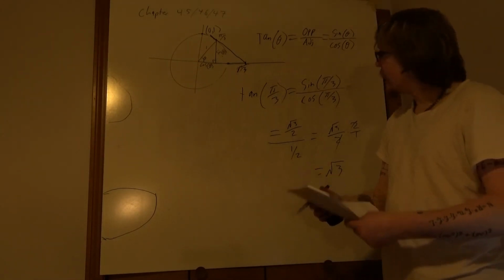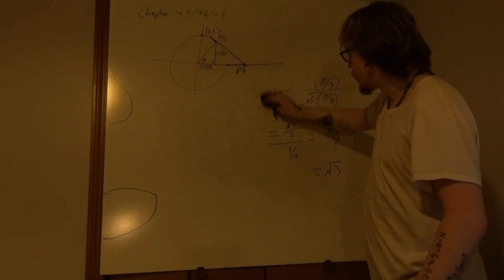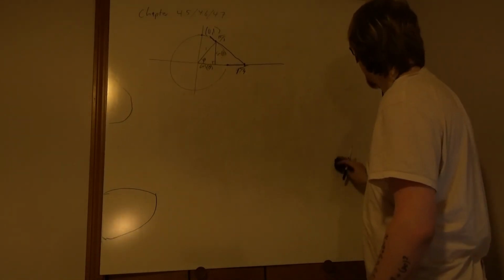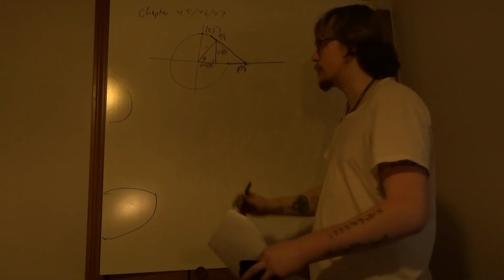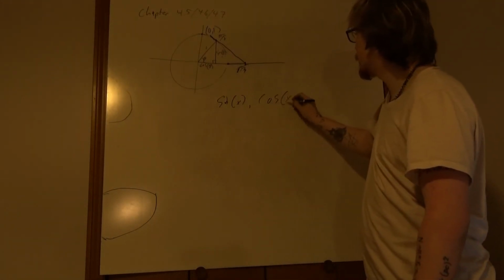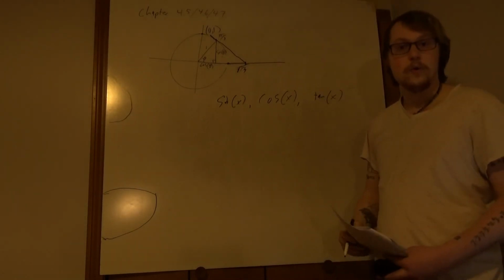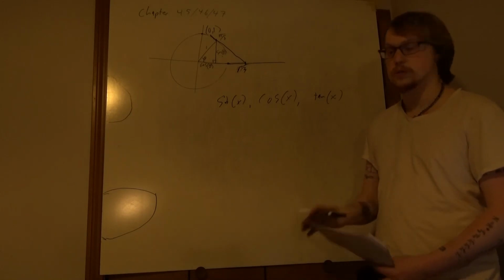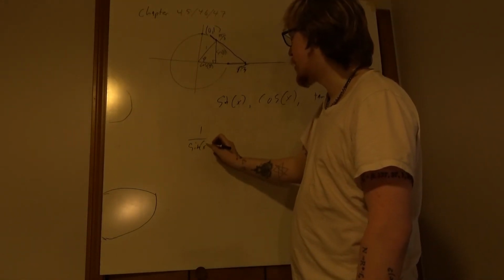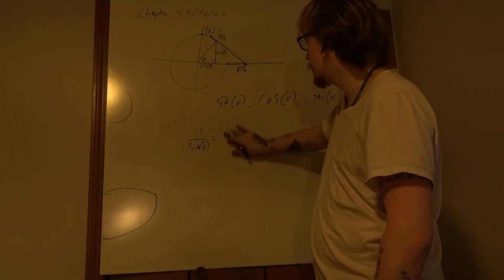Okay, so with that out of the way, we're going to talk about the rest of the trig functions. And we started off by naming all 6 of them, so let's just do that again. So we have sine of x, we have cosine of x, we have tangent of x, and then we have all of their reciprocals. So the reciprocal is just going to be 1 over sine of x, and we call this one cosecant.